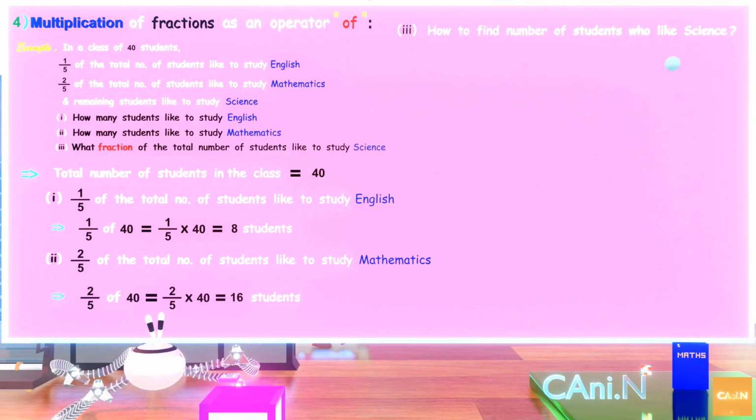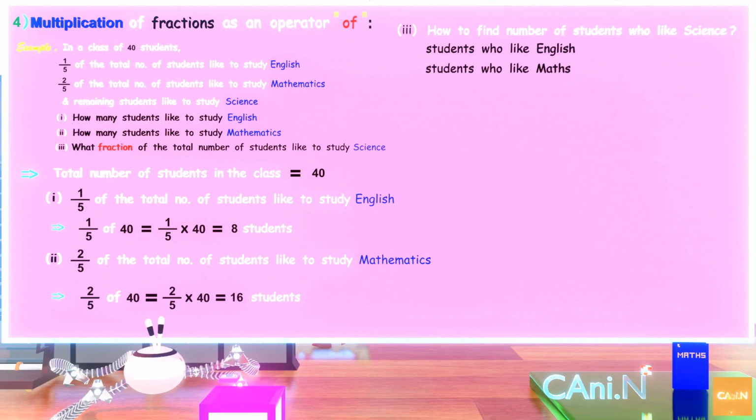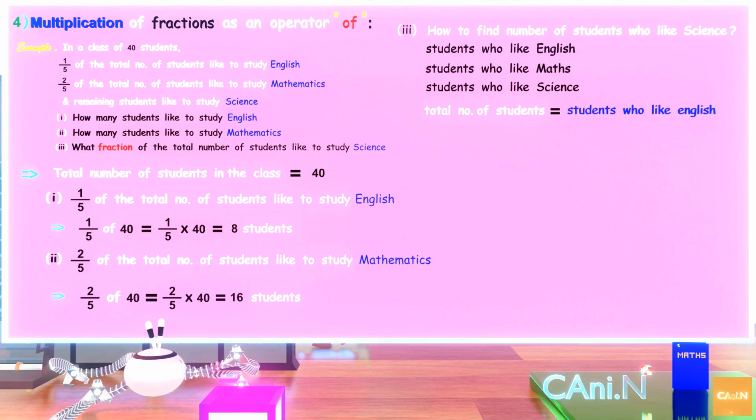Now, how to find number of students who like science? Here, there are only 3 groups of students in the class. Students who like English, students who like maths, and students who like science. Therefore, total number of students in the class should be students who like English plus students who like maths plus students who like science.